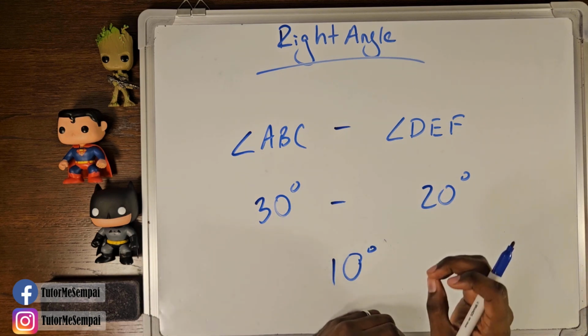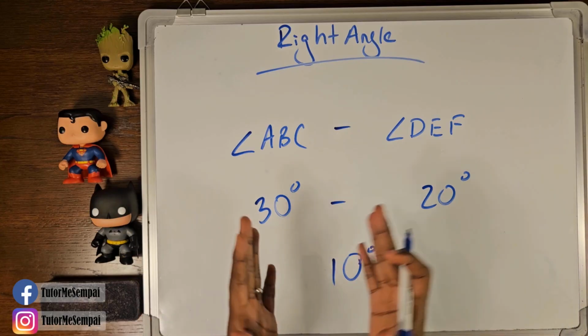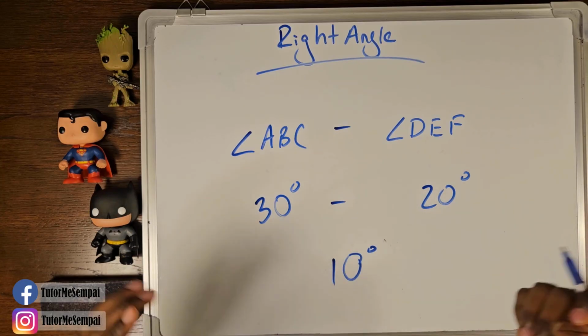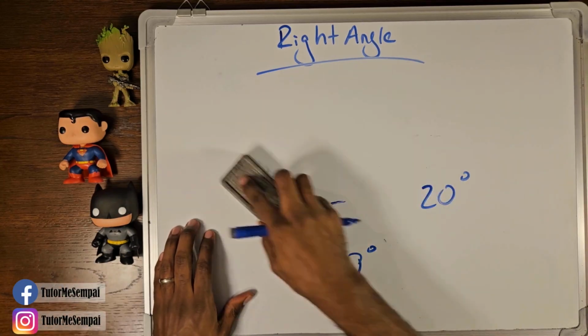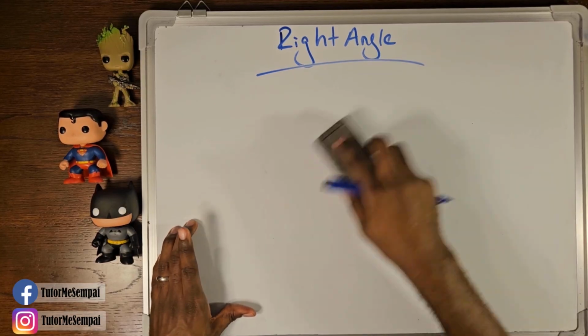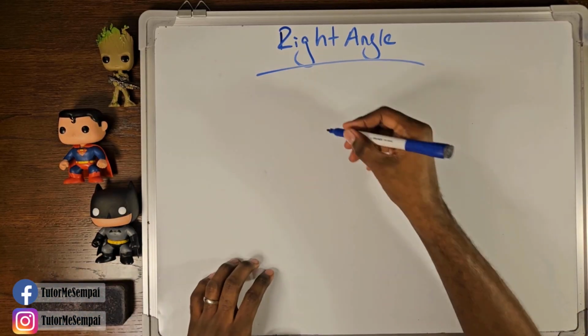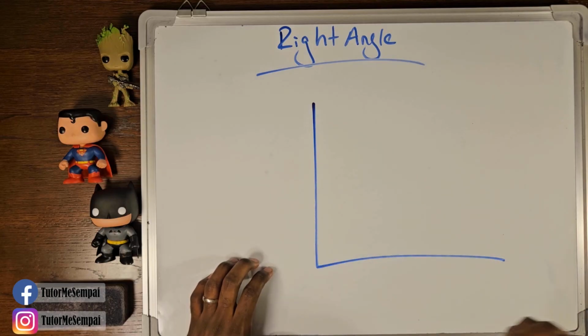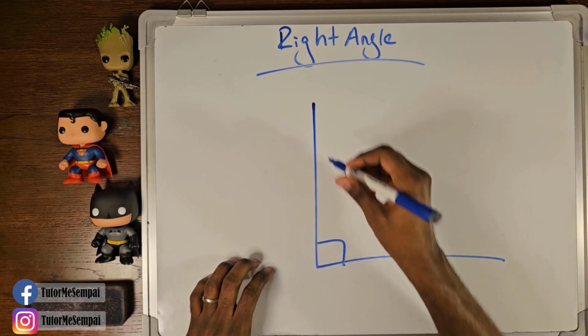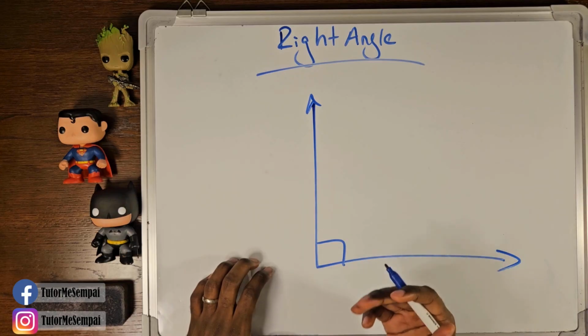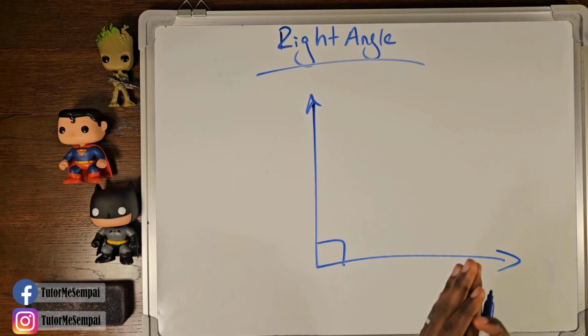But what we really need to talk about is what situations would you need to even do this? Well, let's say you have a homework problem that looks a little something like this. So our homework problem says we have this angle here. Now, what type of angle is this? This is a right angle.